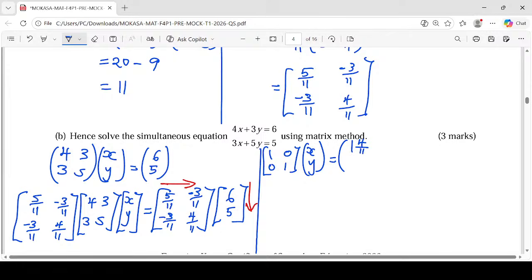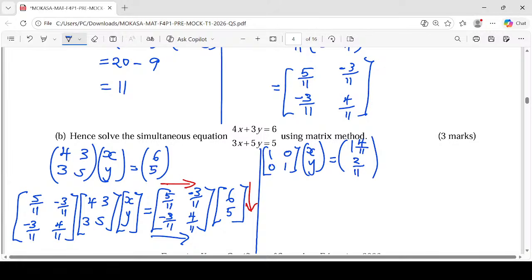Then for the next one, we take the lower row times the column. That will be -3 over 11 multiplied by 6 plus 4 over 11 multiplied by 5. This is going to give you 2 over 11. When you reach that point, we know that when you multiply the identity matrix times the matrix, you get the matrix.